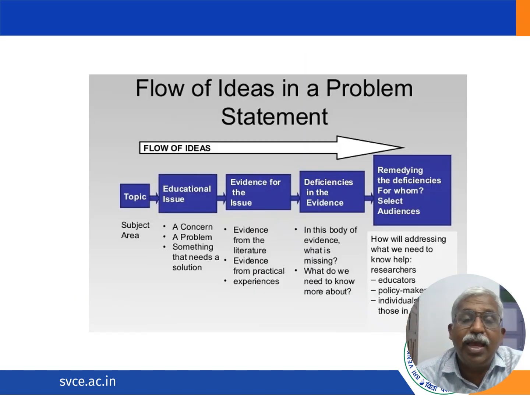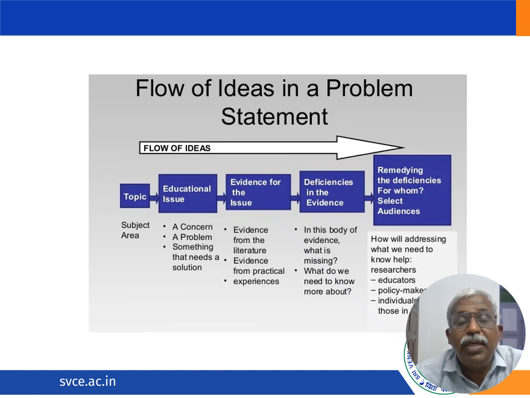Now we have a flow of ideas in a problem statement. First is the topic, a big area, the subject area. Then the educational issue: the problem, something that needs a solution. Are we eligible to discuss it with the qualification we have?